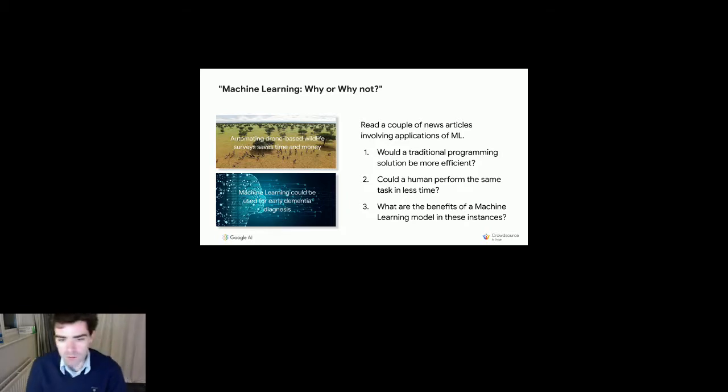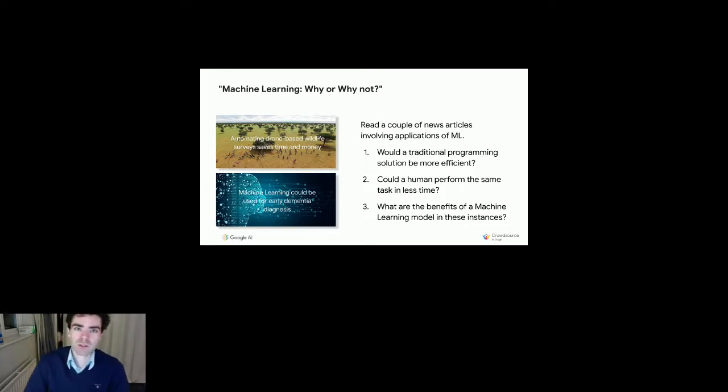Okay, number 3. What are the benefits of a machine learning model in these instances? Okay, I didn't describe any instances. I think when this course was designed by Google AI, and obviously they are the ones who are interested in it being delivered now, they very much wanted this to be done in person, and so you would be finding these news items and analyzing them, breaking down the journalism of it.